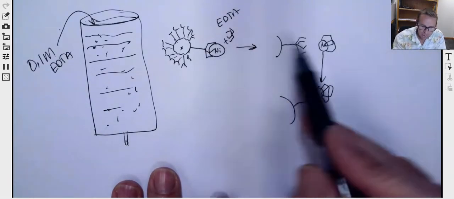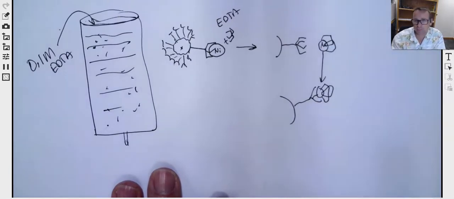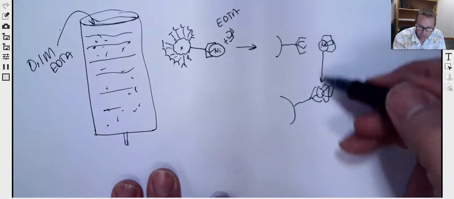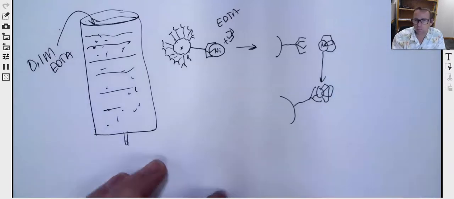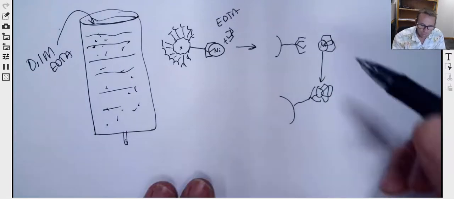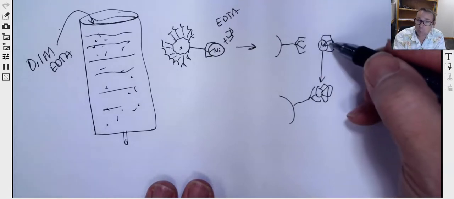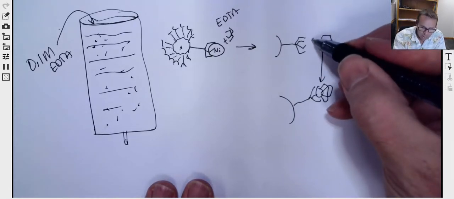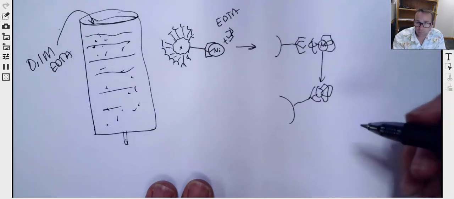Because there's not necessarily a stronger affinity of that nickel for this one or that one there. It's basically the same. But it can grab it for a second, and because this EDTA is moving down, it can pull it off there. Or what can happen is it gets pulled off, and then another molecule of EDTA can grab that nickel away.